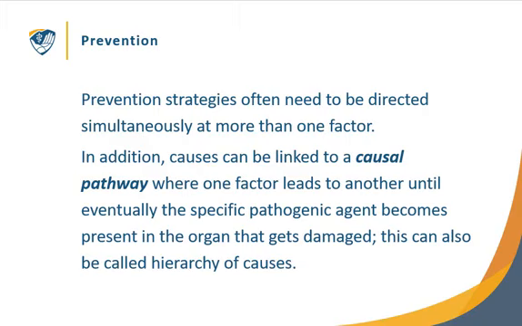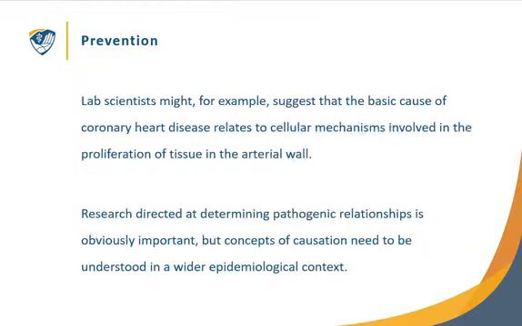In addition, causes can be linked to a causal pathway where one factor leads to another until eventually the specific pathogenic agent becomes present in the organ that gets damaged. This can also be called hierarchy of causes.